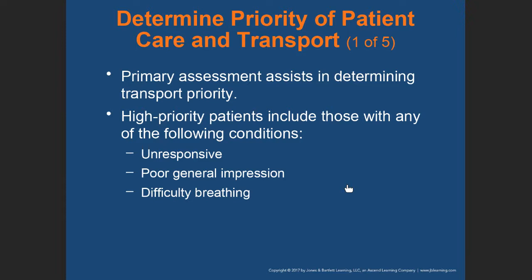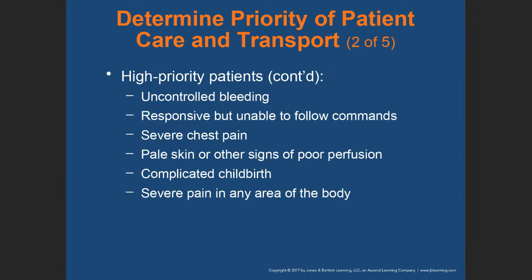High priority patients include those with any of the following conditions: unresponsive, poor general impression, difficulty breathing, uncontrolled bleeding, responsive but not following commands, severe chest pain, pale skin or other signs of poor perfusion, complicated childbirth, severe pain in any area of the body.